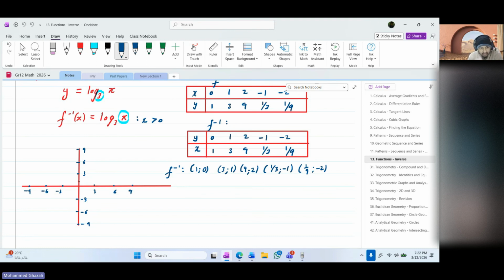0 and 1. 0 and 1 is right here, right? Let's go a little bit lower down. Then you got 1 and 3. When the value is 1, it is 3. When the value is 2, it is 9.